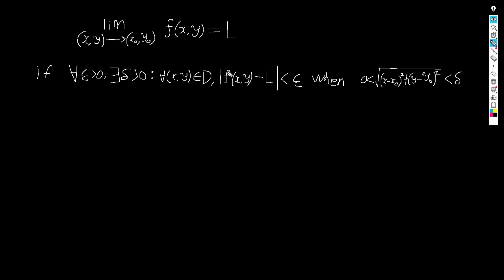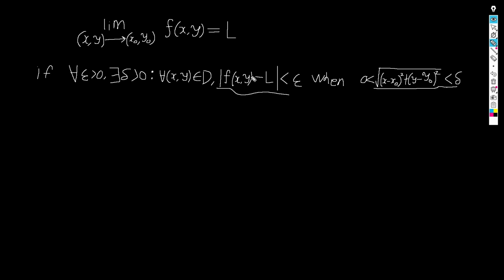Basically, what this is saying is that the distance between f of x, y and L becomes arbitrarily small when the distance between x, y and x0, y0 becomes arbitrarily small.